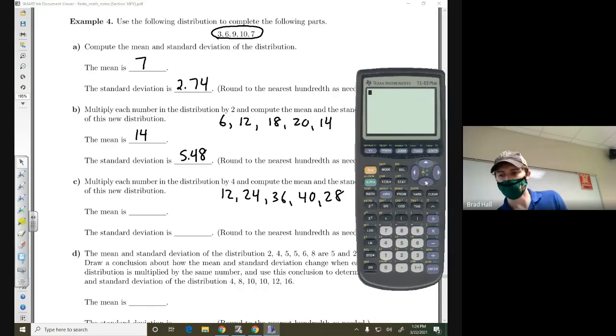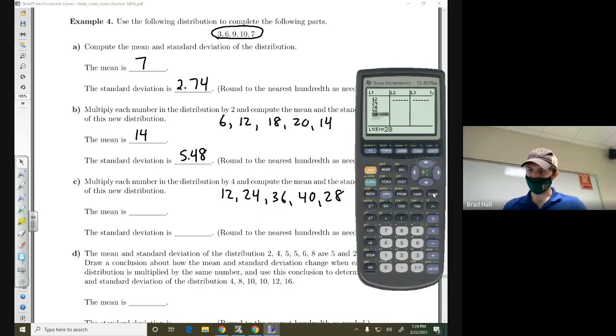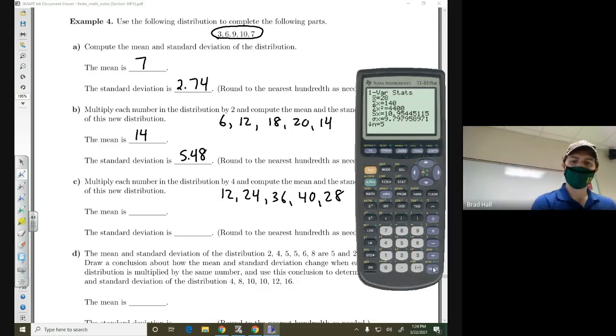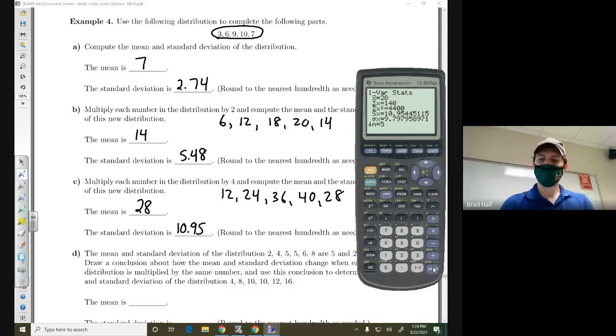So let's do this one more time. 12, 24, 36, 40, 28. And so one more time, we get a mean of 28 and a standard deviation of 10.95.